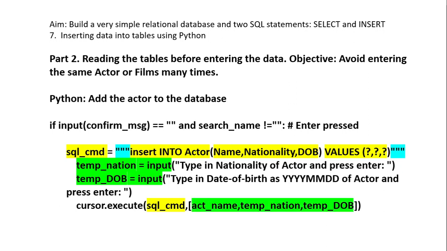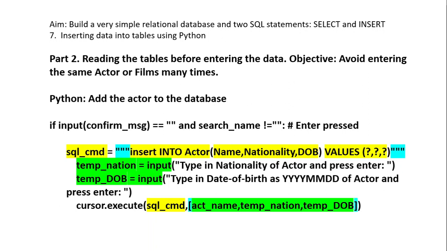Finally, I execute the SQL command, the insert, and follow it with the second parameter, which is the 3 input values that are going to replace the question marks: actor name, temp nation, and temp date of birth.